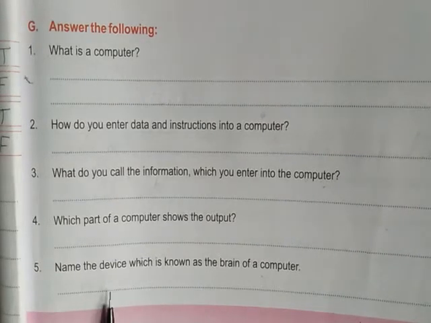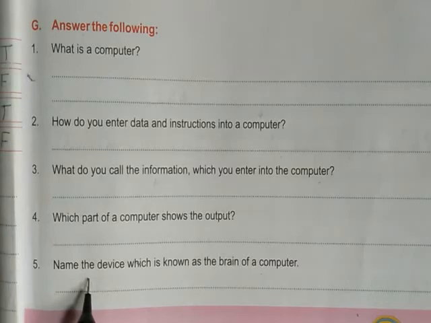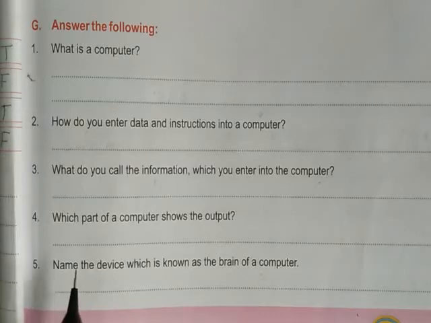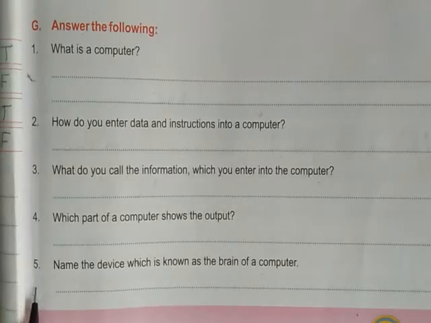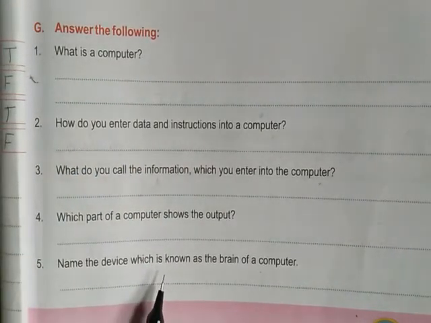Children, I have already provided you the PDF file in your Addis app, so you can check the Addis app. I have also sent the PDF file in your WhatsApp group. So you can check there, beta, and write all the question answers in your computer classwork copy.